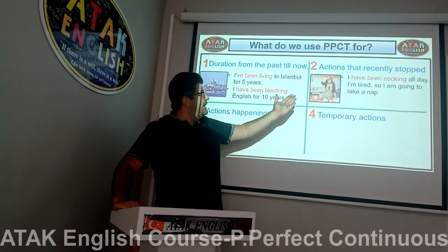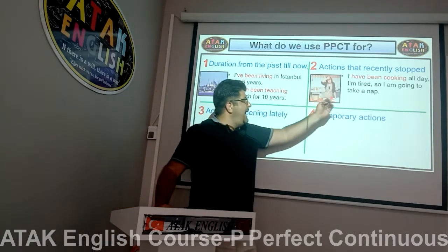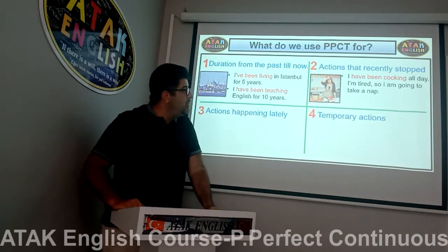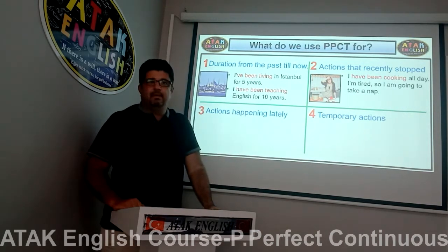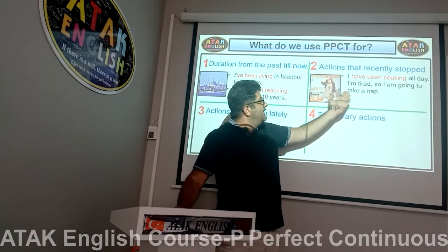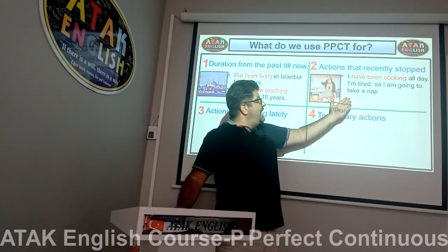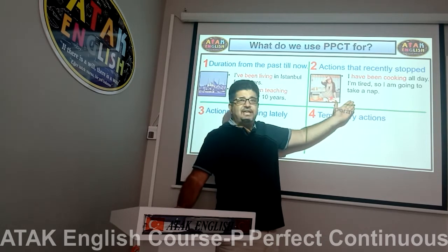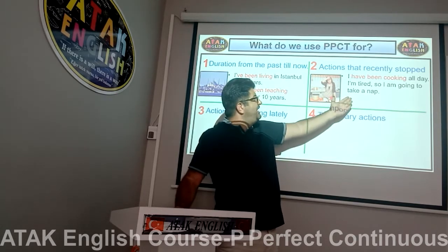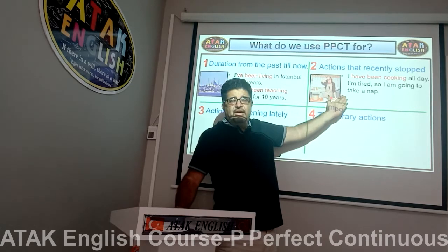Actions that recently stopped. I have been cooking all day. I'm tired, so I'm going to take a nap. Has the action stopped? Yes, it has stopped. And what happened? She's tired, she says, after that action.